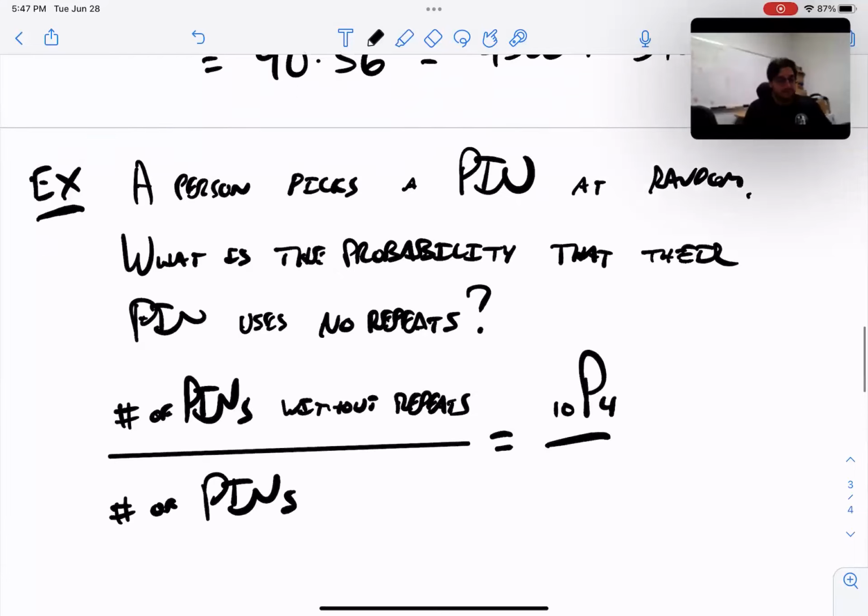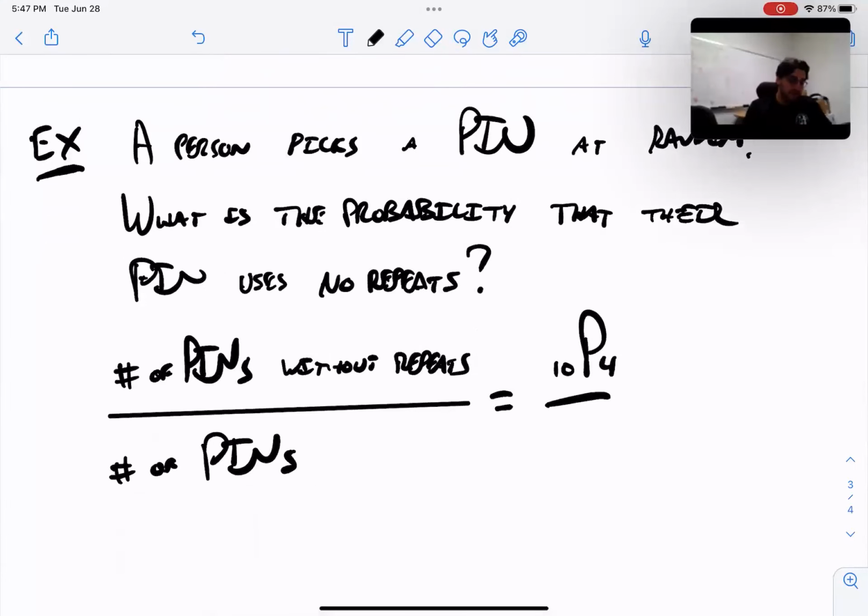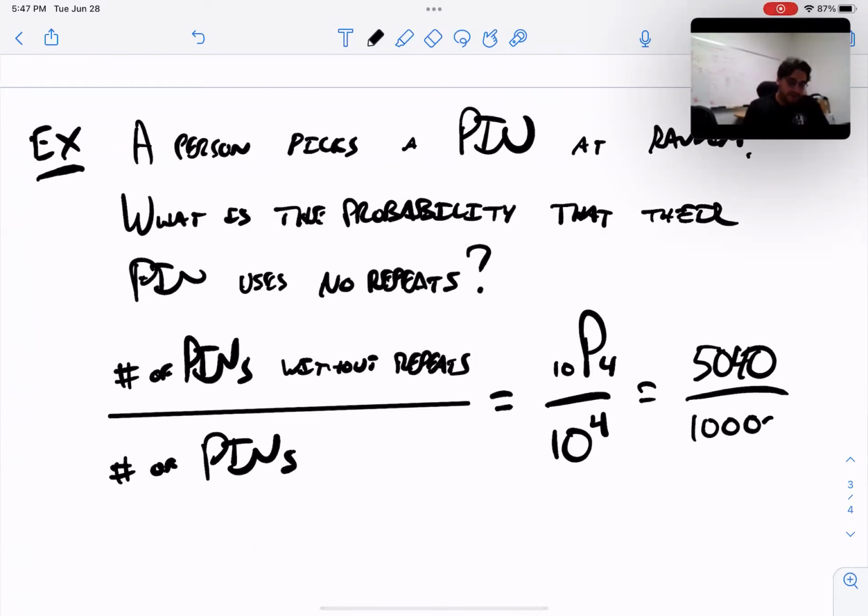What's the number of PINs total? It's 10 to the 4 by the fundamental principle of counting, because you have 10 options for the first digit, 10 for the second, 10 for the third, and 10 for the fourth. Multiply all those together. So I'm going to get 5,040 over 10,000.